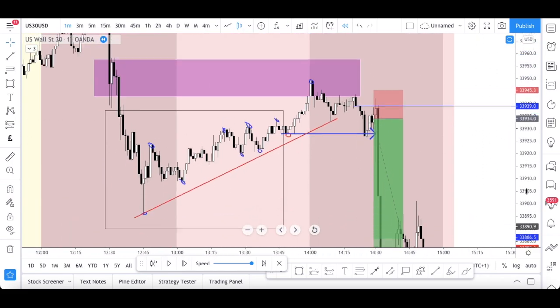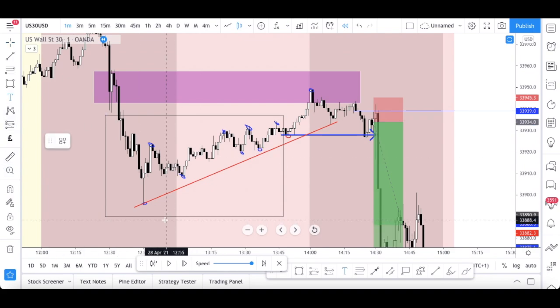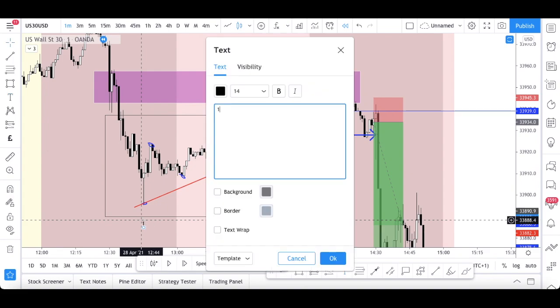But the whole redistribution cycle will look something like this, just like a reaccumulation. The first half of a reaccumulation will actually look like a distribution, and then it will change into an accumulation. In the same way, the first half of this looks like accumulation.